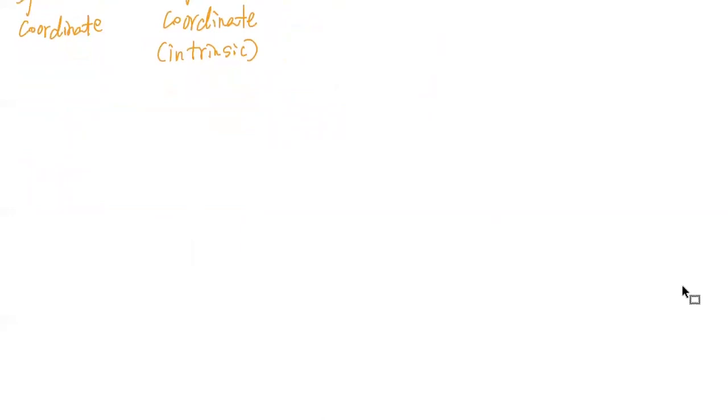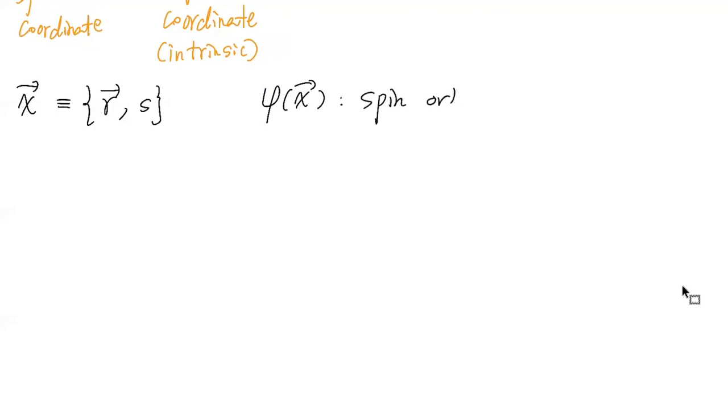So this set of coordinates, the spatial coordinate and spin coordinate, can be written simply as x. x is a collection of the spatial coordinate and spin coordinate, and this is the complete electronic coordinate. Phi of x is called the spin orbital.